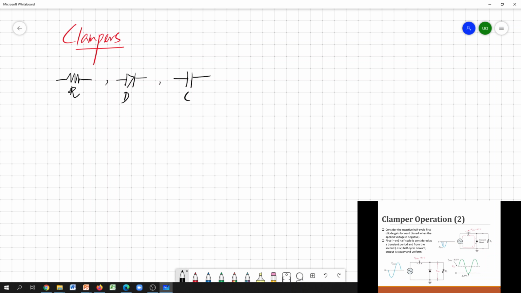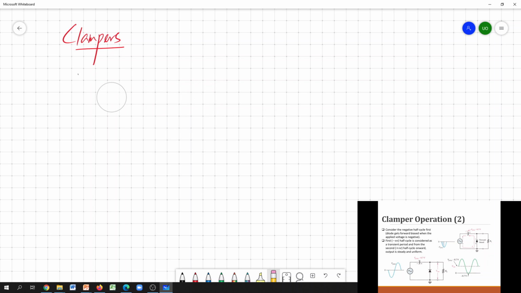Here, this is the key element in this particular circuit. Without these capacitors, we cannot have this clamper. So in these clampers, the significant contribution comes from these capacitors. So we'll see how these capacitors or the clamping circuits work.